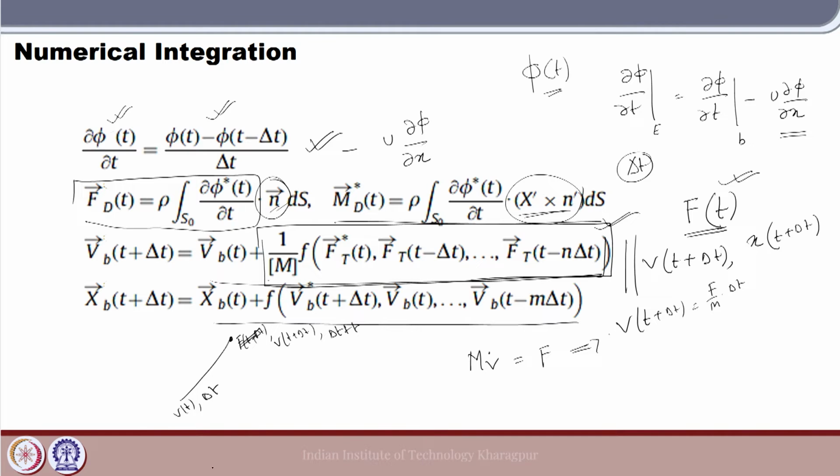So, this is how we can do that. However, if you want to use some higher order scheme, then you need f at t minus delta t and f at t minus n delta t, depending on which scheme we are going to use.